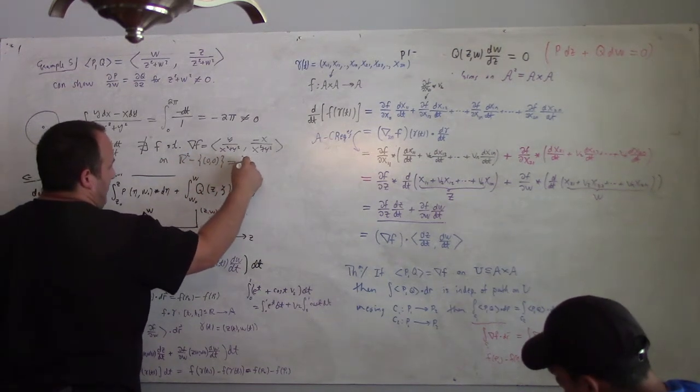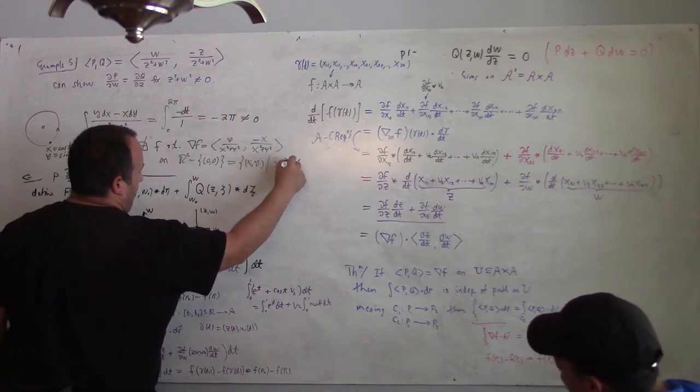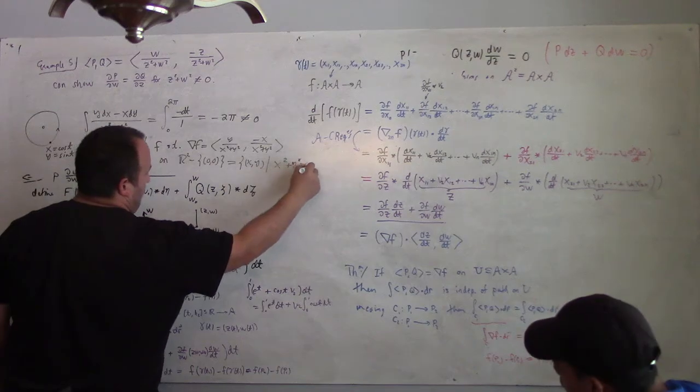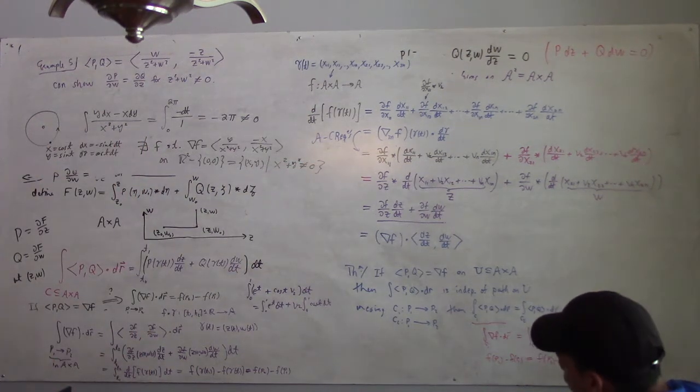Also known as the set of x, y such that what? x squared plus y squared not equal to 0, right? x squared plus y squared not equal to 0 is just R2 with the origin deleted.